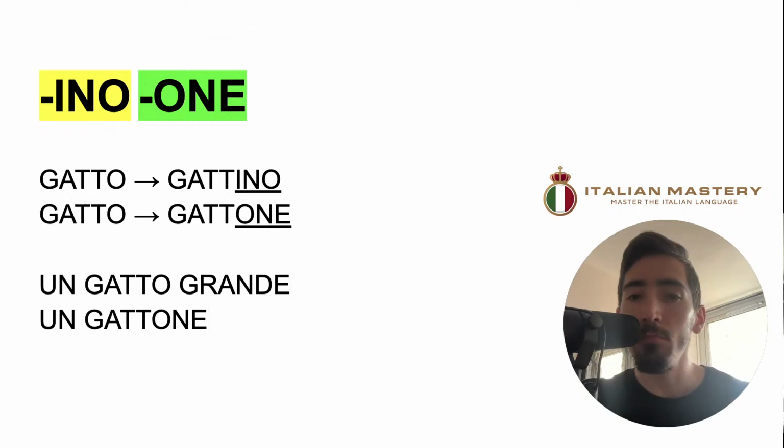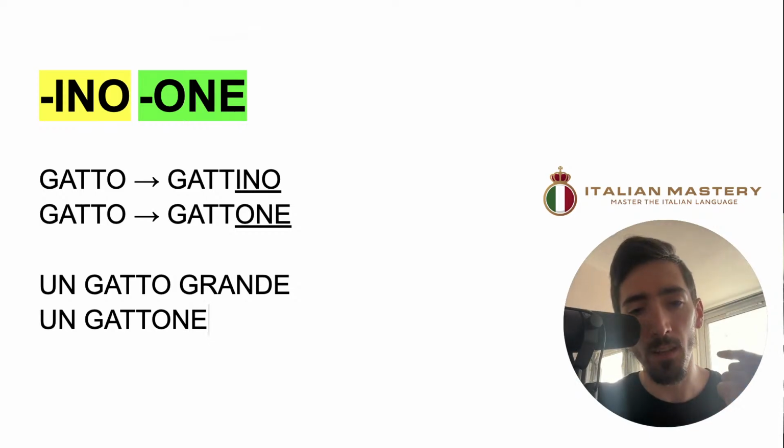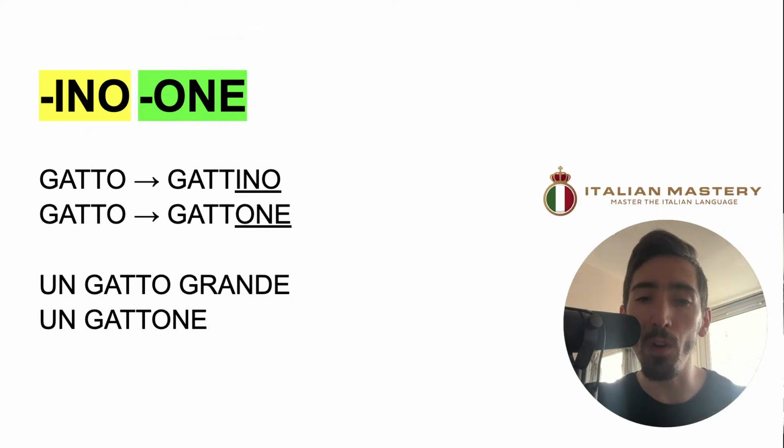So there isn't anything particularly difficult to understand as far as the basic concept of it. Now, why this can be a little bit difficult sometimes is because not every single word abides by the same rule.